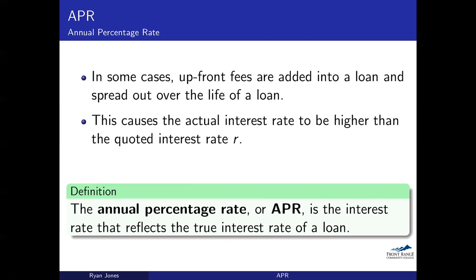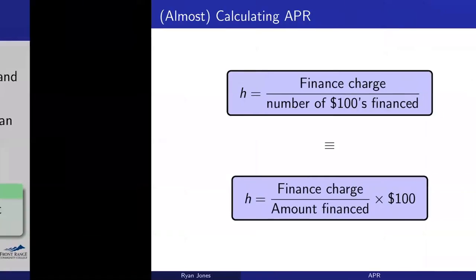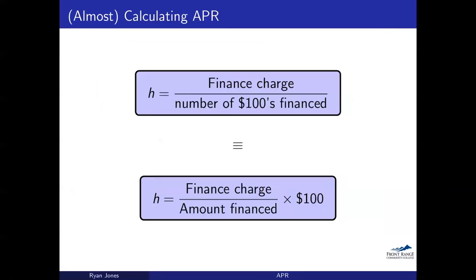So let's go ahead and start figuring out how to calculate APR. The very first step of this is probably the most confusing, and it has to do with this variable that I'm going to call H. And what H is, I'm going to write out how you would say this verbally.